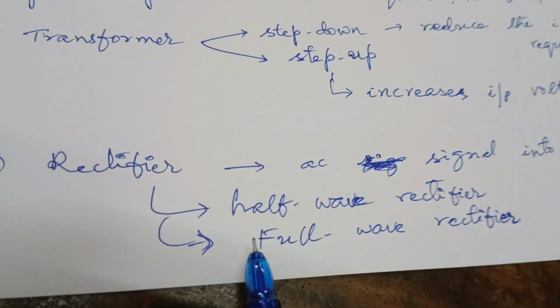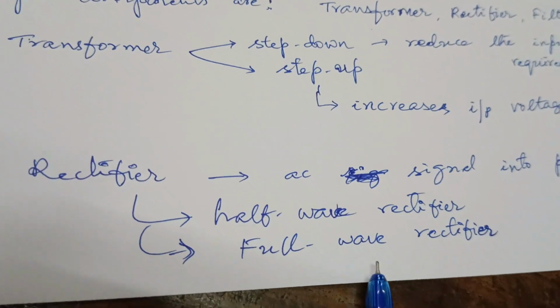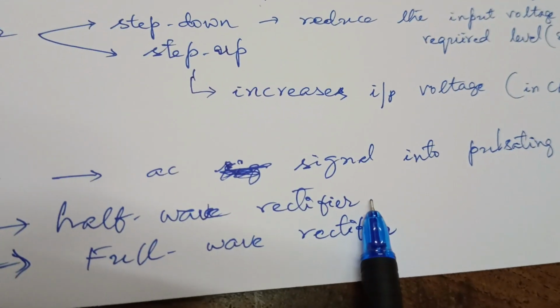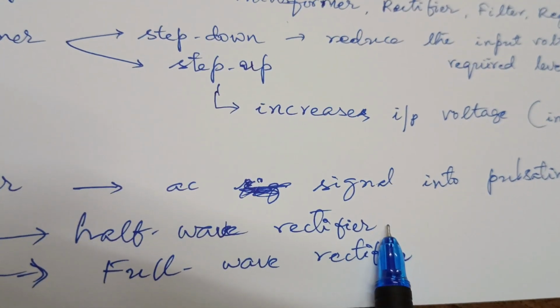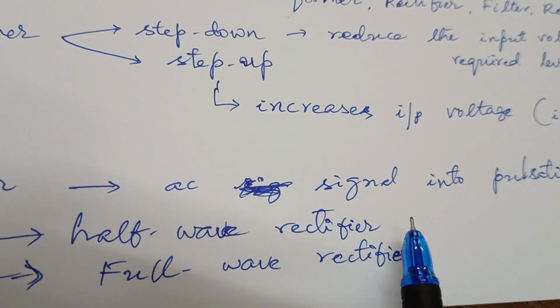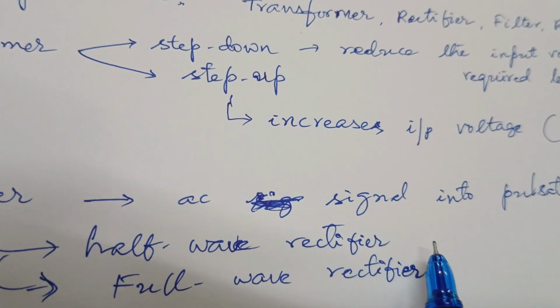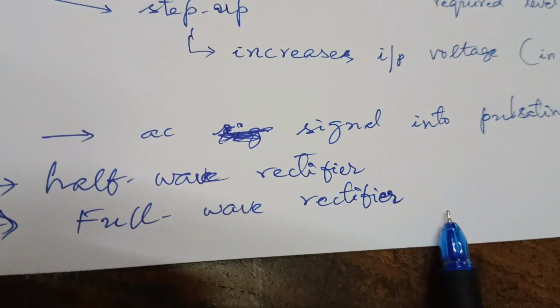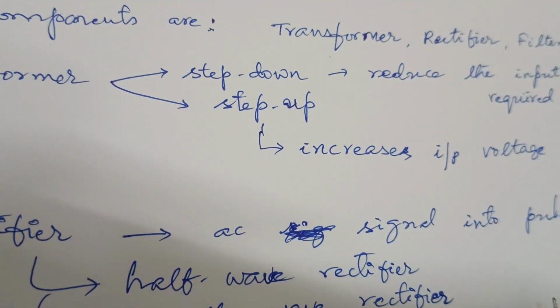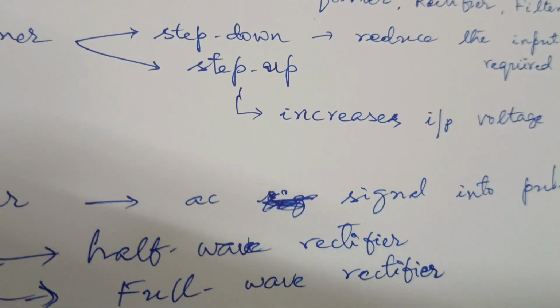There are two rectifiers, one is the half wave rectifier, another one is the full wave rectifier. The half wave rectifier converts one of the half cycles into DC signal. It may be positive or negative based on the direction in which the diode is connected, and the full wave rectifier will convert both positive and negative half cycles into DC.